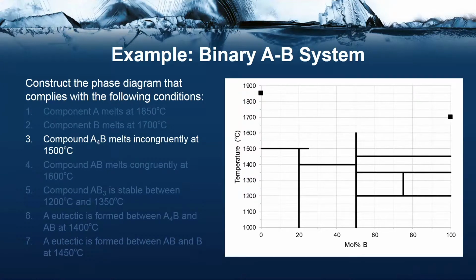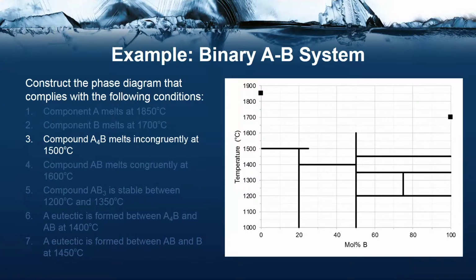This means that we have a peritectic reaction at 1500 degrees Celsius, as marked by this one, and therefore we also draw this line slightly to the right of the composition of A4B. As this is a hypothetical diagram, we don't know how far to draw this one, so we do it arbitrarily.